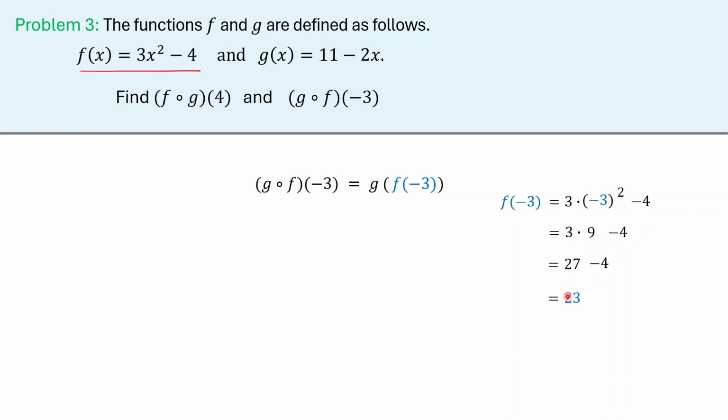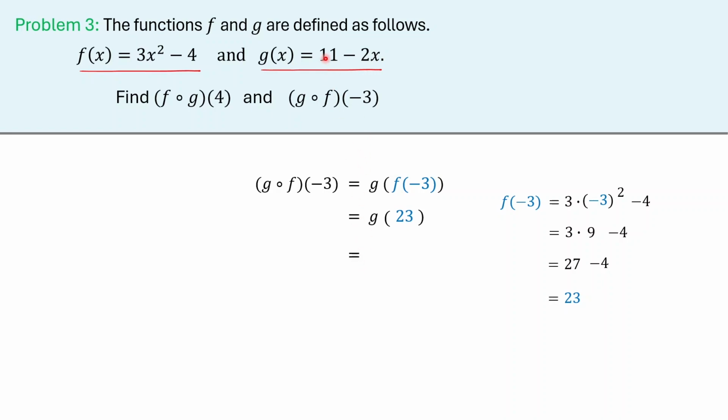So now substitute this 23 for f of negative 3. You get g of 23. Now find g of 23. To find g of 23, in the function g, substitute 23 for x.